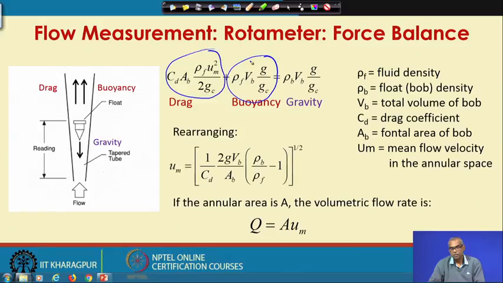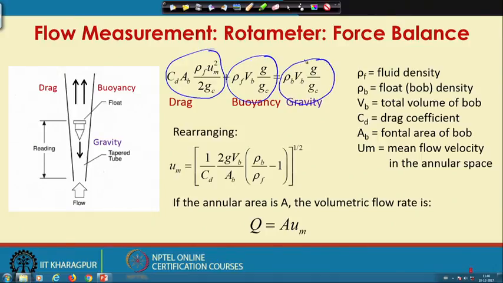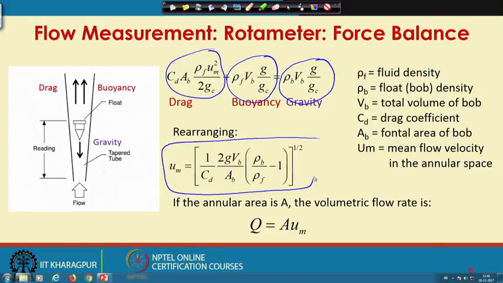Similarly, the gravity force you can compute from the mass of the float or bob. If the density of the float material is rho_b and the float volume is V_v, then rho_b V_v g by g_c will be the gravity force. So, drag force plus buoyancy force must be equal to gravity force. If you rearrange, you can get an expression for u_m as follows.